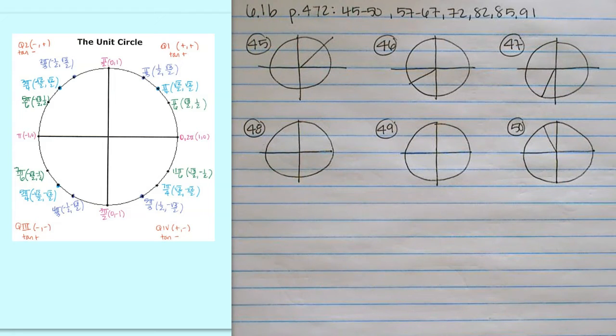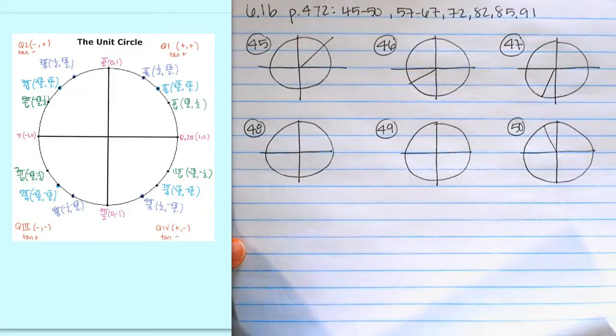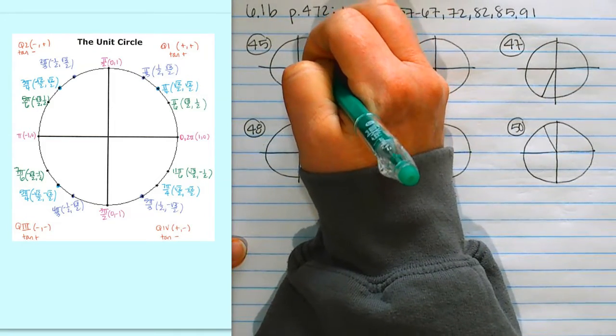All right, so looking at 6.1b, we're now trying to figure out what the angles are in the unit circle. So I've got up my unit circle cheat sheet, if you will, where I have all the angles already marked and what their positions are as far as XY coordinates. So in 45, they ask us to go here.